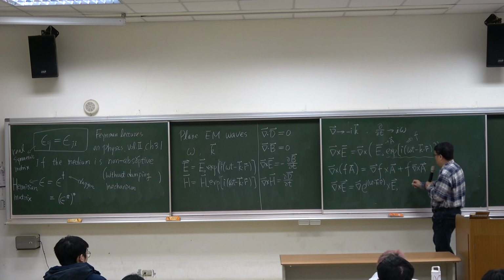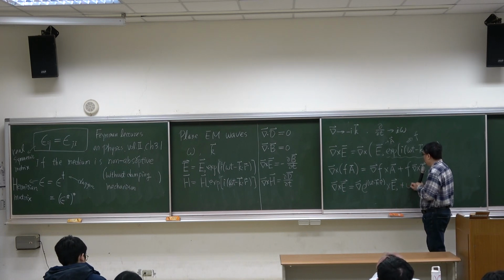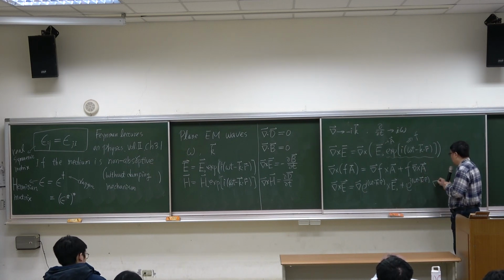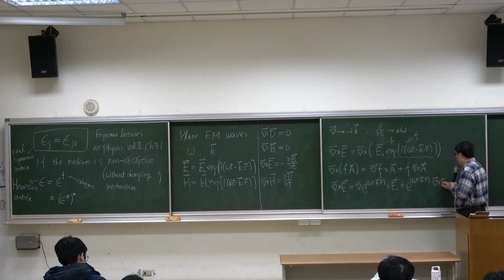The other part is the exponential i(omega t minus k dot r) times curl E0.